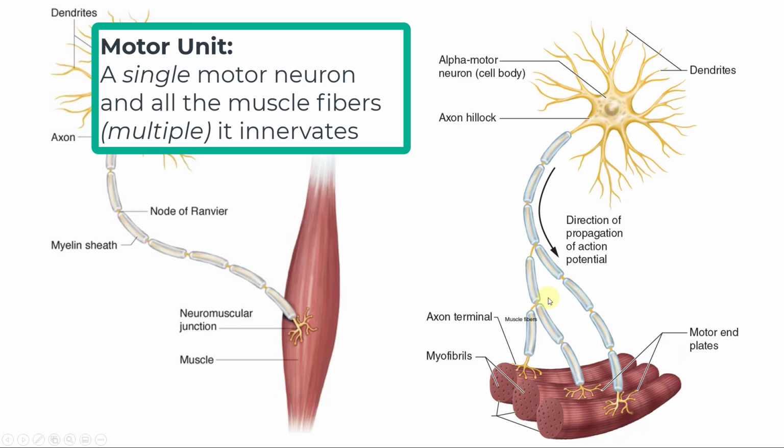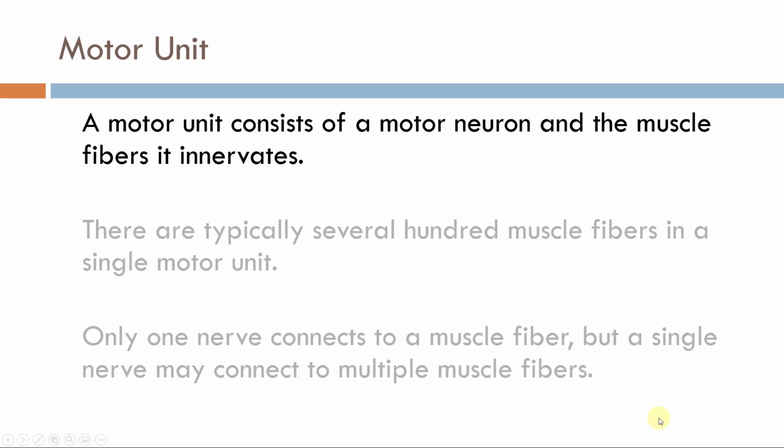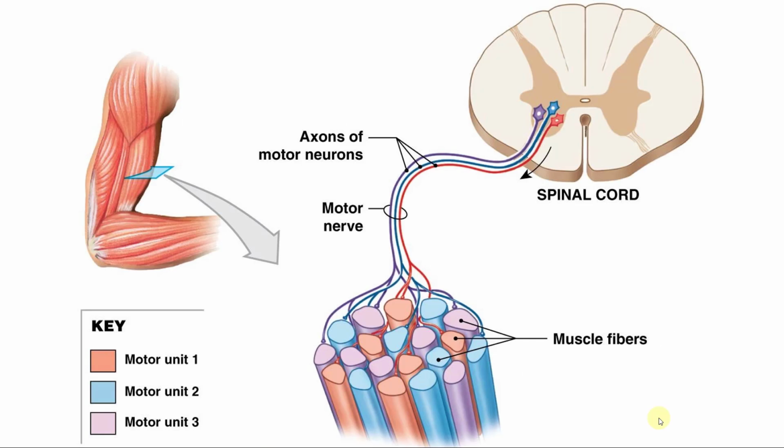And so you can kind of see that it splits down, and you can have a motor neuron that's communicating with several muscle fibers. And so here's some kind of recap of that. A motor unit consists of the motor neuron and all the muscle fibers it innervates. And so you can have within one nerve track, remember this is on the motor aspect of the highway, you can have 3 alpha motor neurons that are coming down.